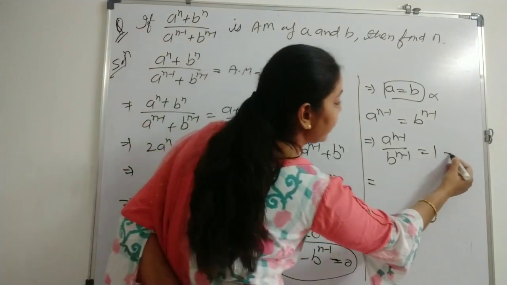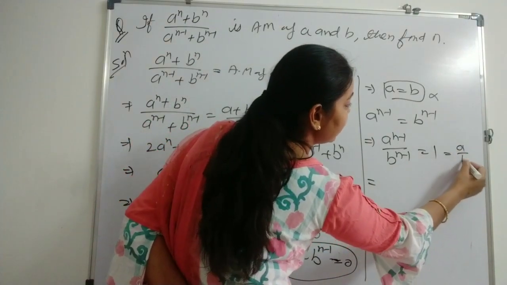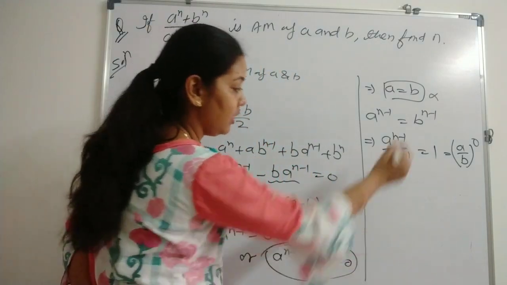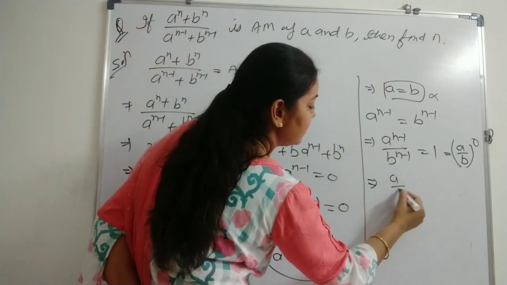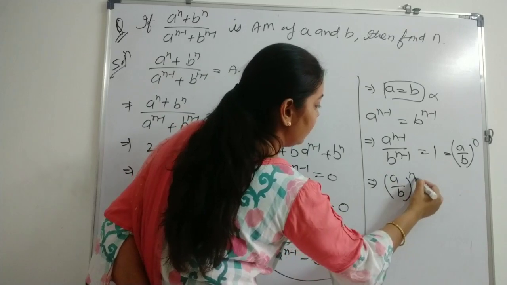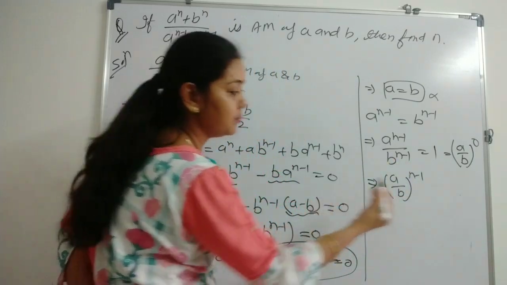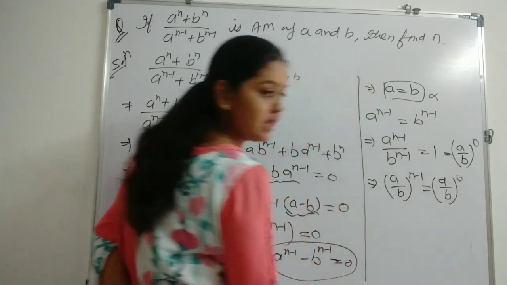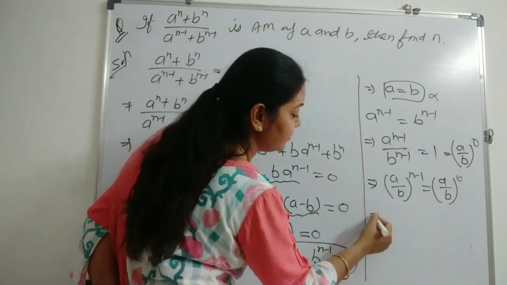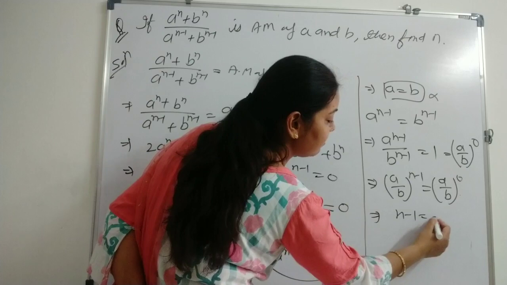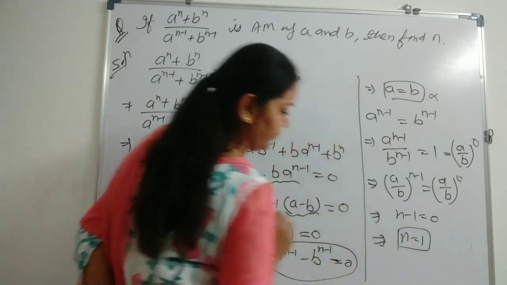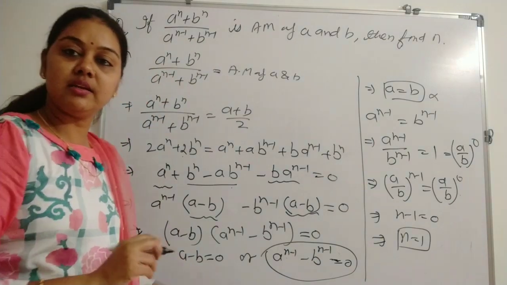Now I can write 1 as (a upon b) whole raised to power 0, because this way we have the same base on both sides, so the powers will also be the same. Comparing, we get n minus 1 equal to 0, it means n equals 1. Okay, is it clear, students?